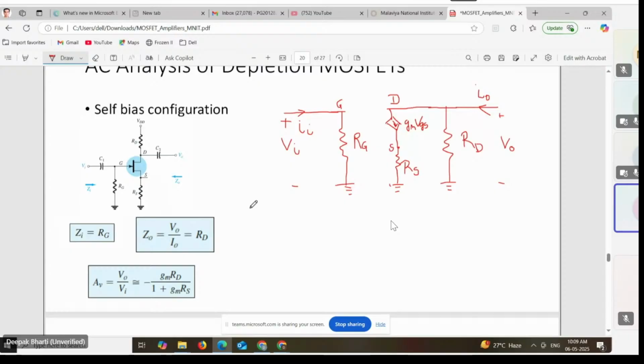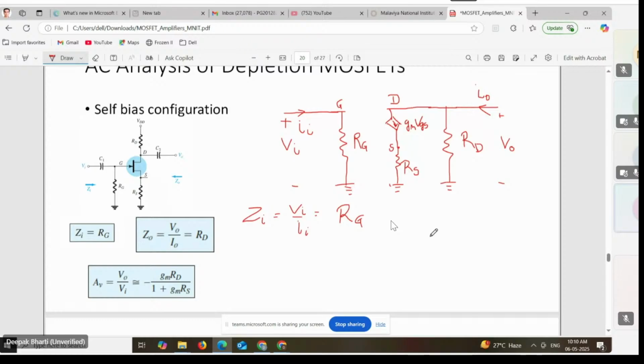Zi is the ratio of Vi and Ii. If we observe the input side carefully, we will find that it is essentially the same. There is no change in the input side. Input side is identical to the networks that we had drawn yesterday. So this time also Zi will be equal to RG alone.